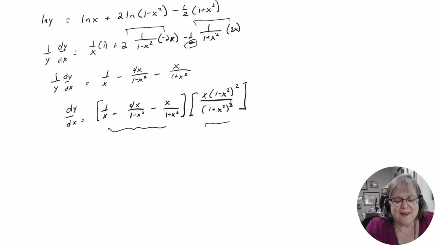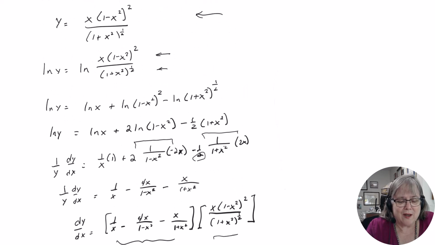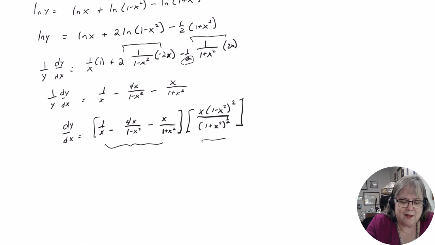But the kicker here is, what does your teacher want? If they want it back down to one fraction, then you need to get a common denominator down in here and then multiply these two as best you can and then box it in. But if your teacher's just like, let's just do the best we can, they may be perfectly happy with this.